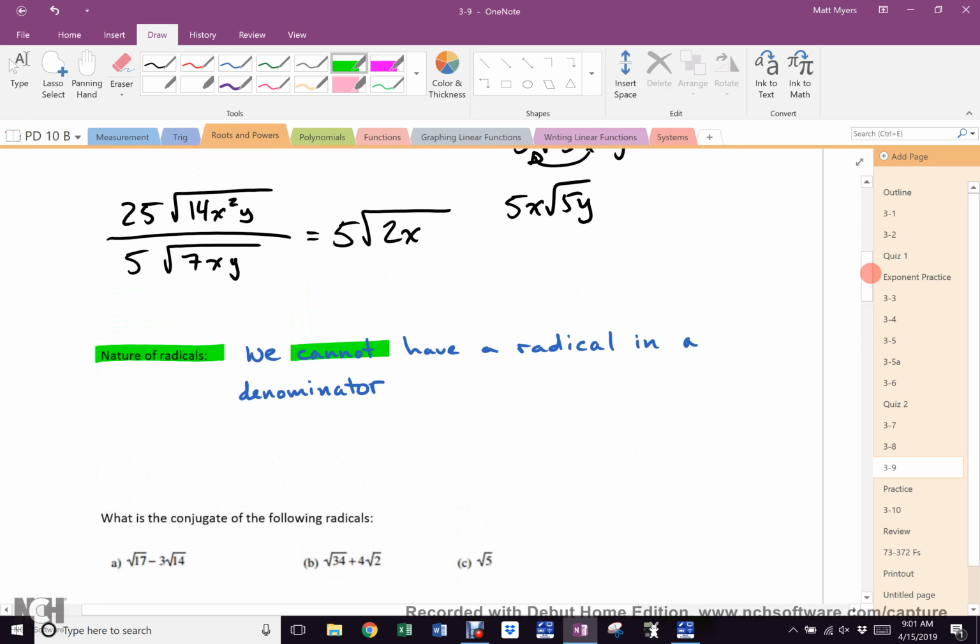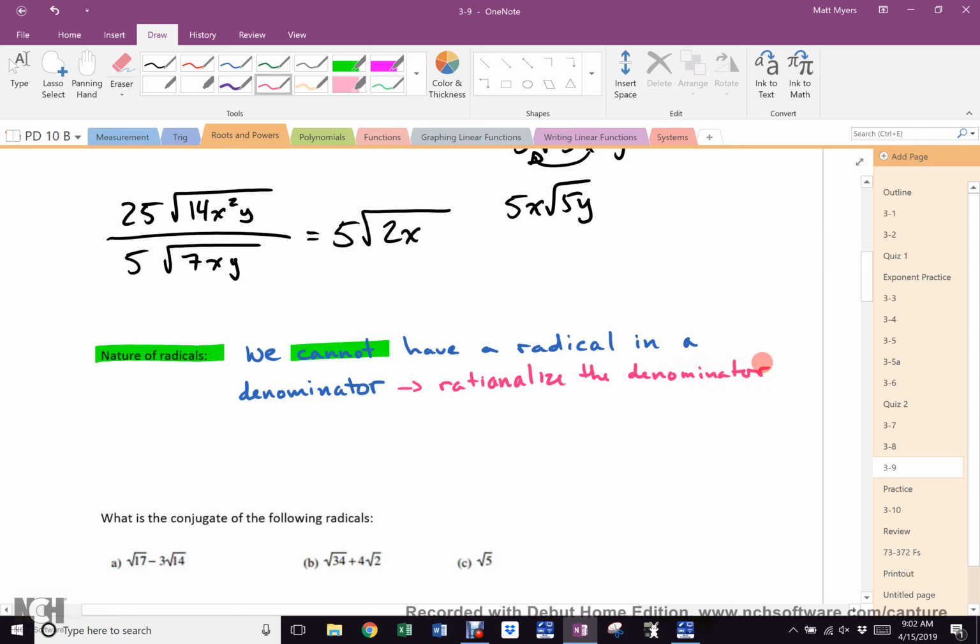We cannot have a radical in a denominator because it makes no sense. You can't divide by something that is an endless division. Everybody cool? So we have to undergo a process that is called, we must rationalize the denominator. All right?